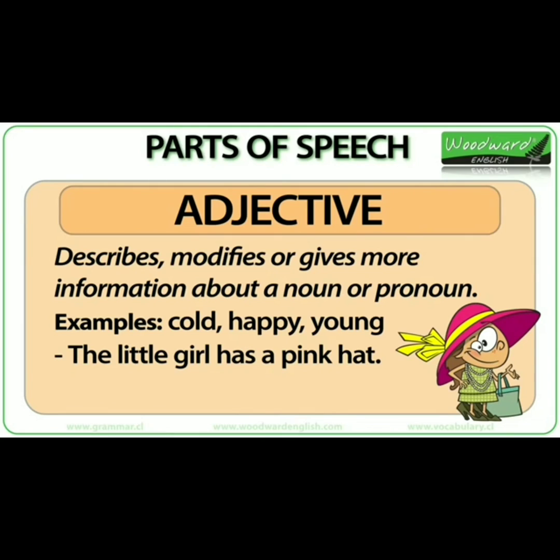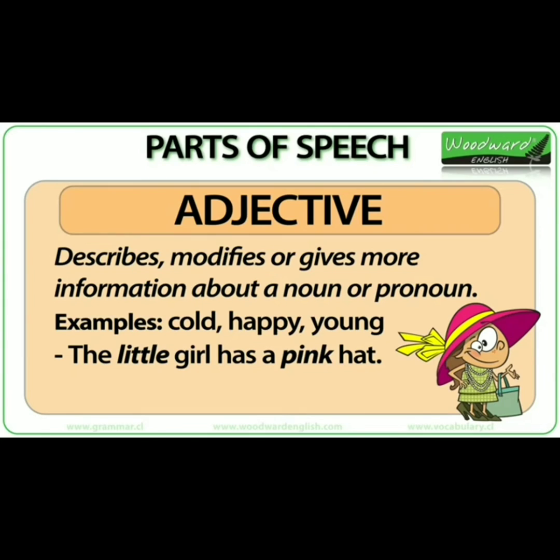The little girl has a pink hat. Here in this sentence, there are two nouns, girl and hat, which are described as the little girl and pink hat. Now remember children, in any sentence, if there is an adjective, it will always come before the noun.